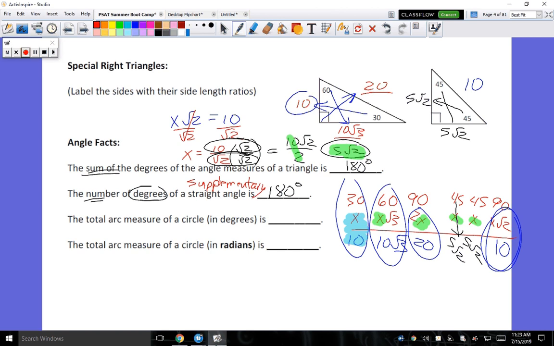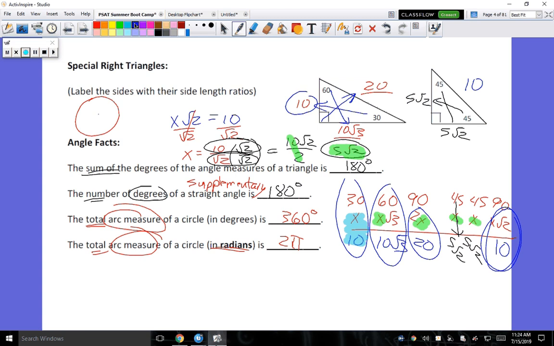Okay? What's the total arc measure of a circle in degrees? 360. And what's the total arc measure of a circle in radians? 2 pi. Now some people don't know this. Now watch. A circle has 360 degrees.